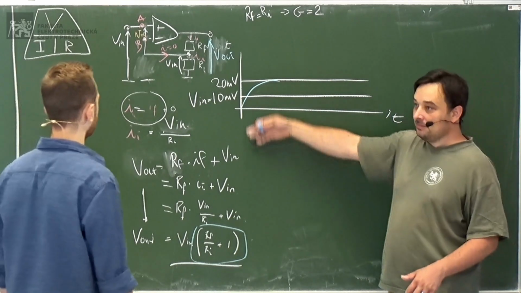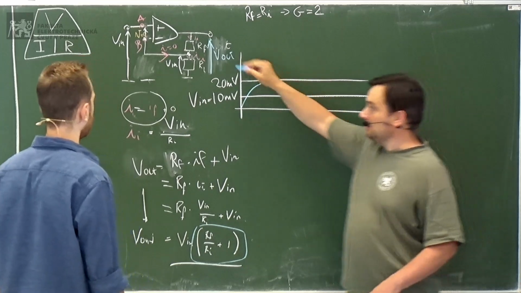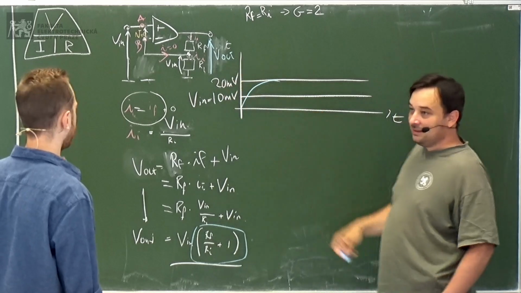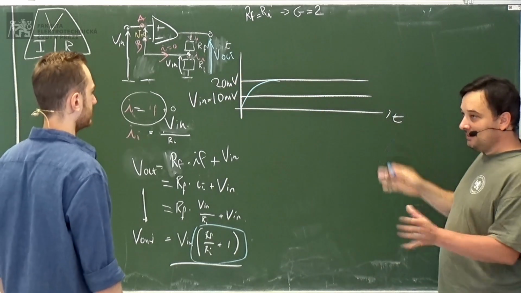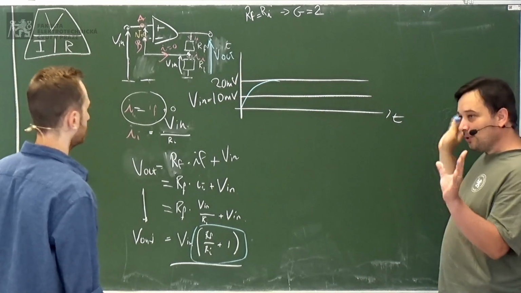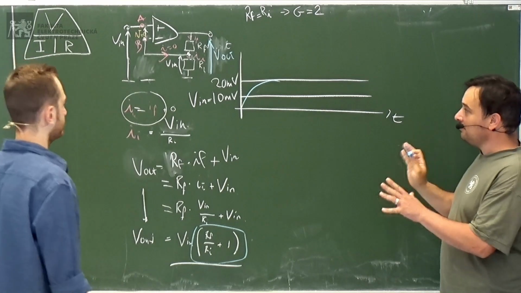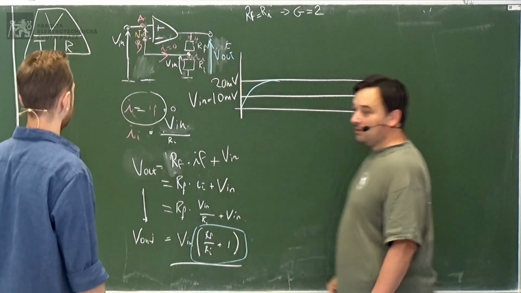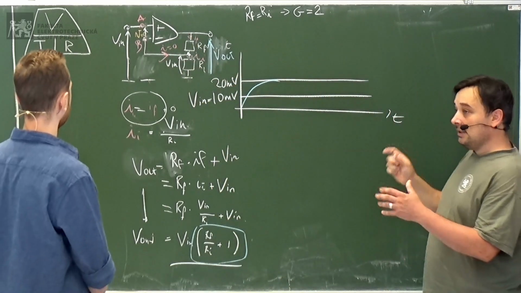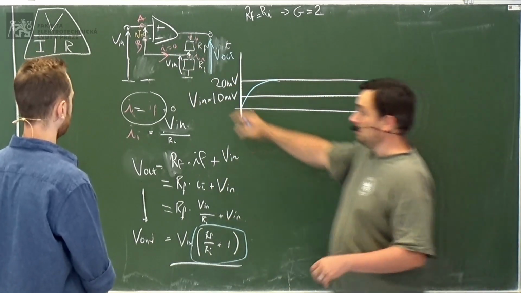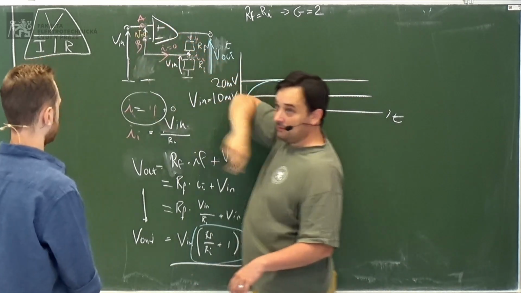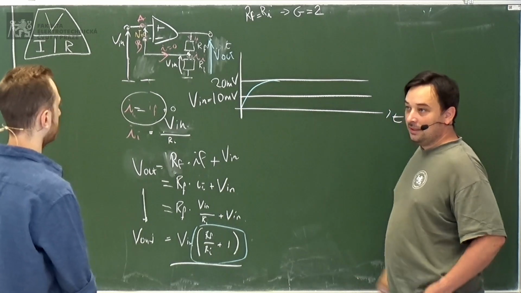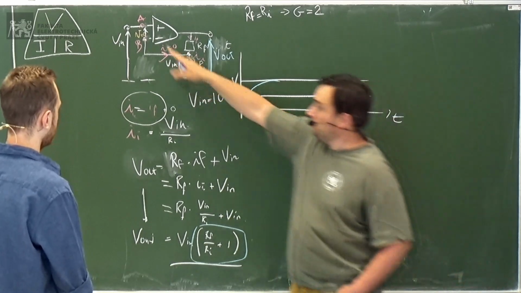So it has some transient because it has not infinite speed. There are capacitances and inductances and all sorts of things, but we don't want to go into that. We just know that when it feels an input voltage, a difference of voltage between these two inputs, it's not instantaneous. It has a transient until it arrives at zero between the two inputs.